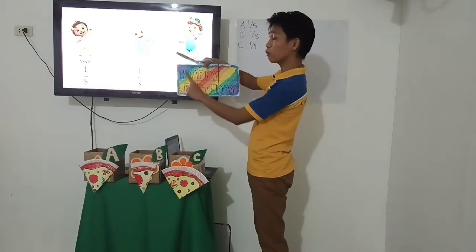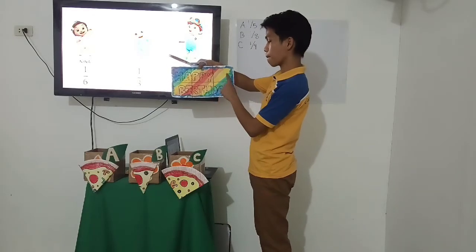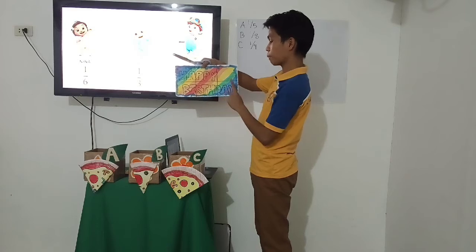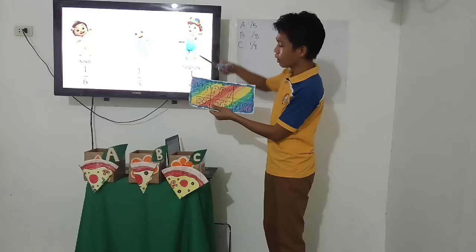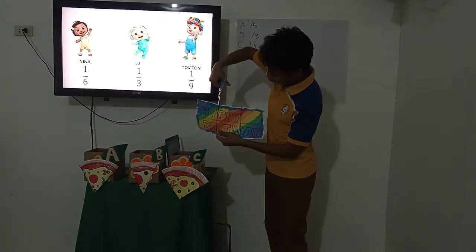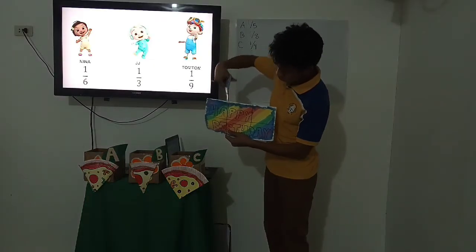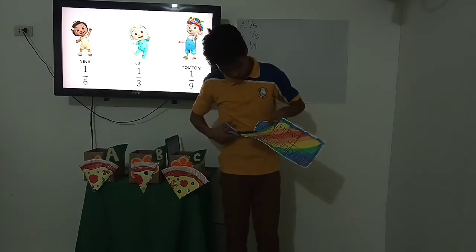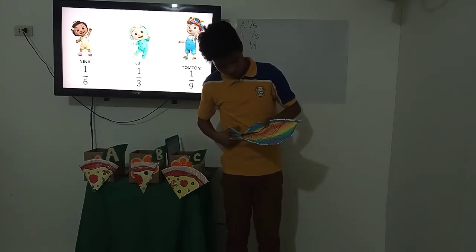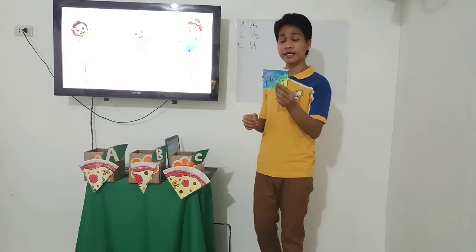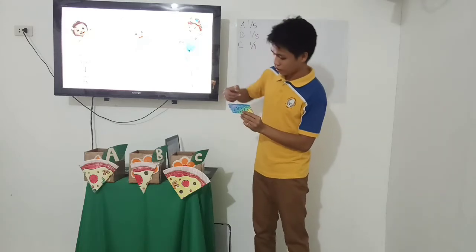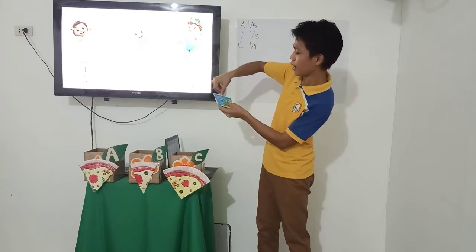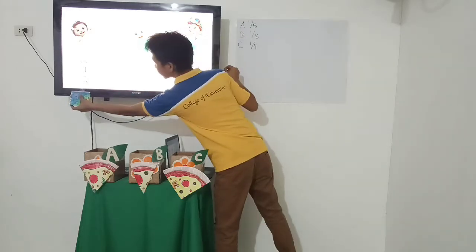Let's try to count it. 1, 2, 3, 4, 5, 6, and Nina ate 1. Okay, now let's take it. Now we have the 1/6 of the cake. And this is how it looks like. 1/6.